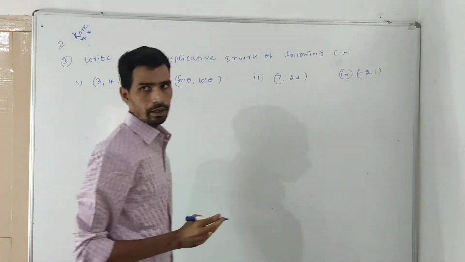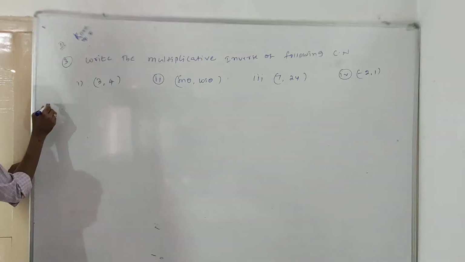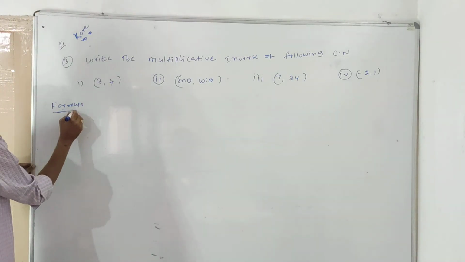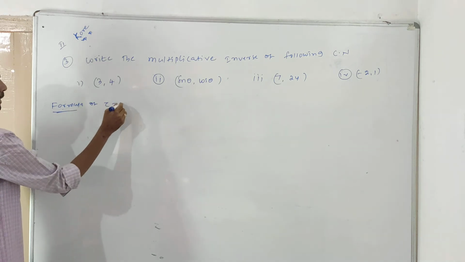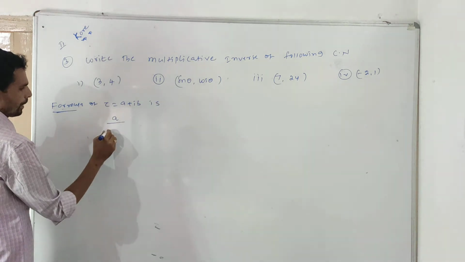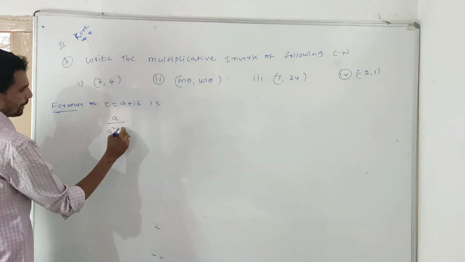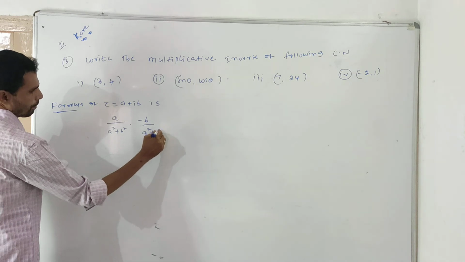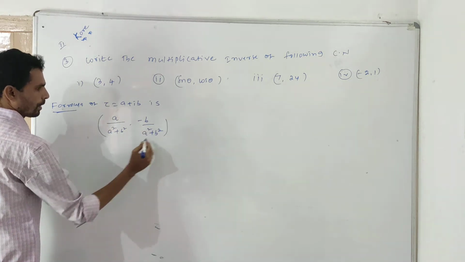You all know the formula for the multiplicative inverse. Yesterday we discussed: the multiplicative inverse of Z is equal to A plus IB is A by A square plus B square comma minus B by A square plus B square. Formula is 1 mark.